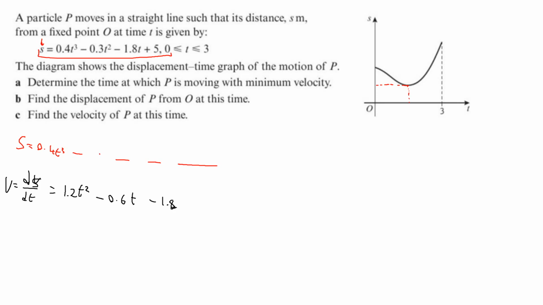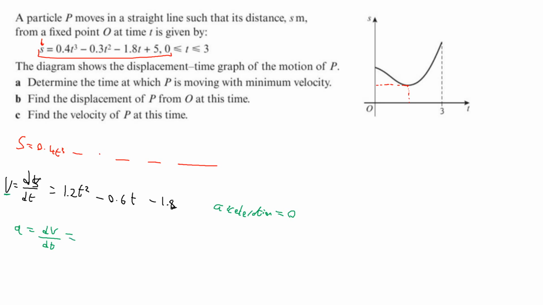Now, at the point at which this is the minimum point, the acceleration is equal to 0, which means we have to differentiate again. The acceleration is the gradient function of the velocity.